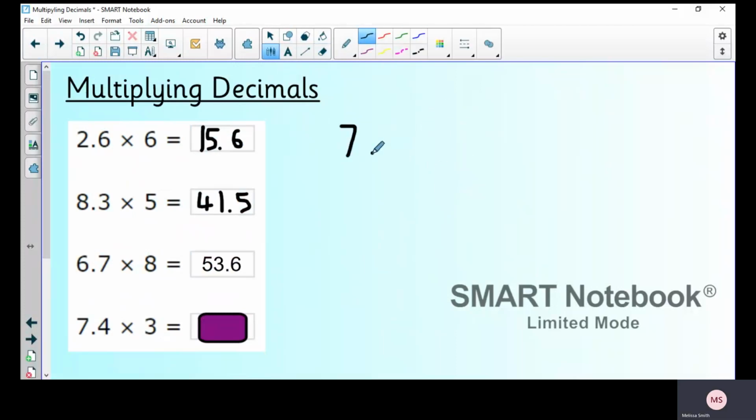So I've got 7.4, multiplying it by 3. Partition: 7 times 3 is 21. Then what's left for me to multiply? 0.4 times 3.